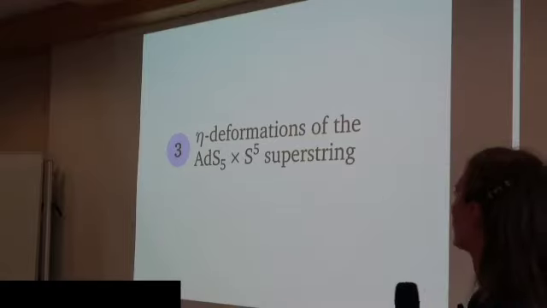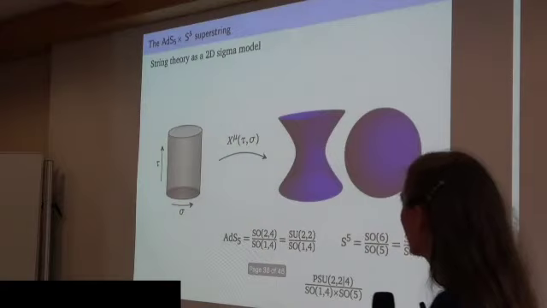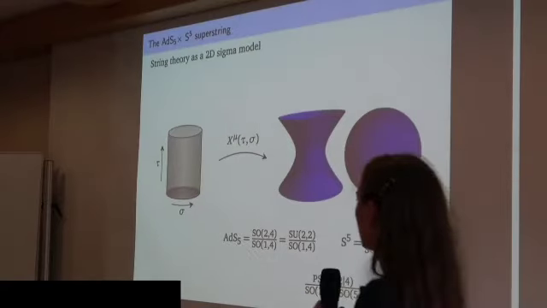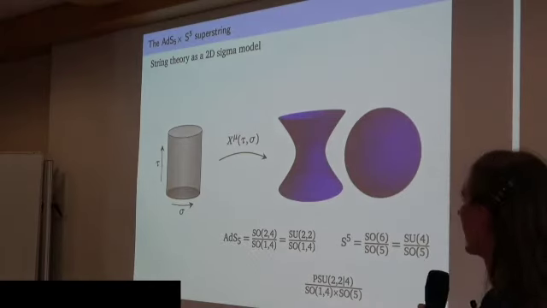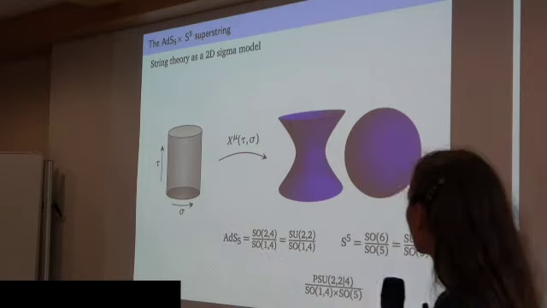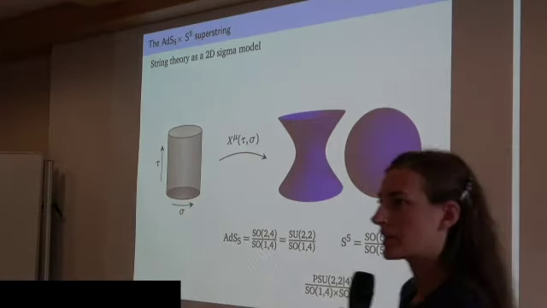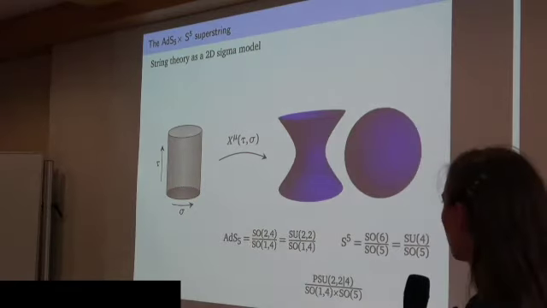If not, let's consider this setup of the AdS5 x S5 superstring. Let's analyze the symmetry of the undeformed theory. Both AdS5 and S5 are symmetric spaces, meaning that you can write them as coset manifolds.